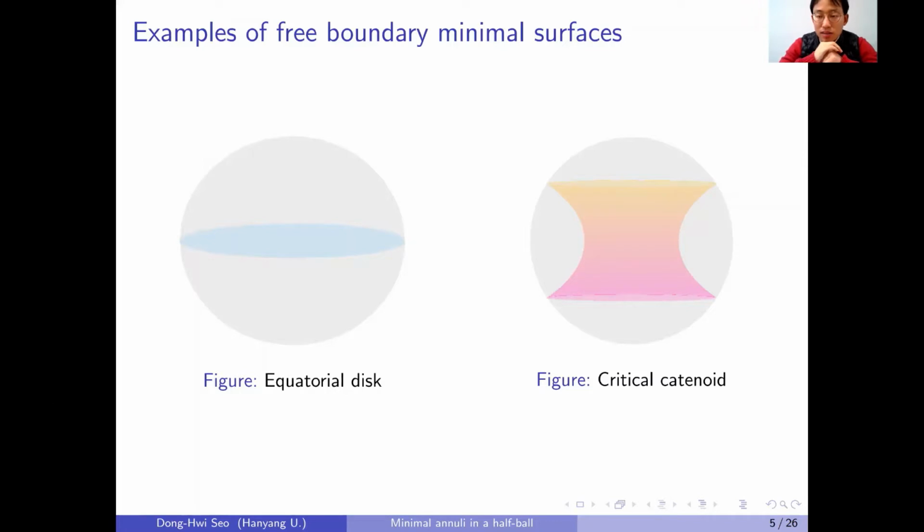It is a part of the catenoid, the maximally stable part of the catenoid. And also it has reflection symmetry with respect to the 3 coordinate planes. There are many other examples of free boundary minimal surface in a ball, but in this talk we will concentrate on those two basic examples.